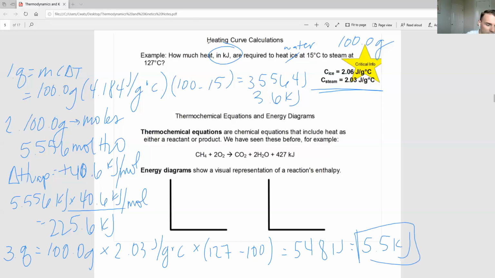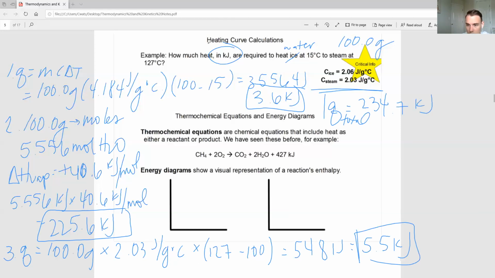So I've got my answers from each one. And now my total heat is just going to be those added up, which gives me 234.7 kilojoules.